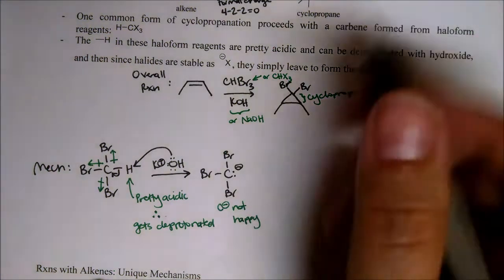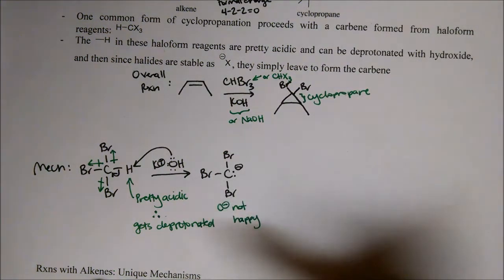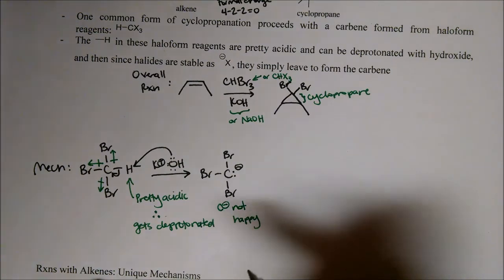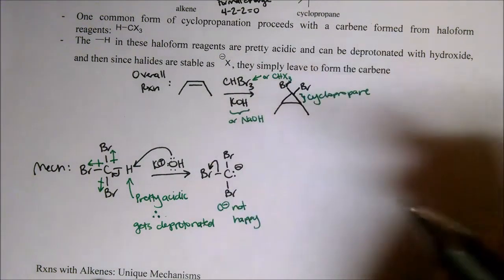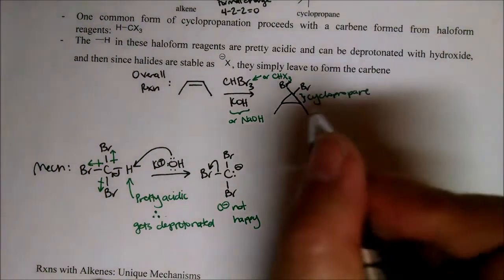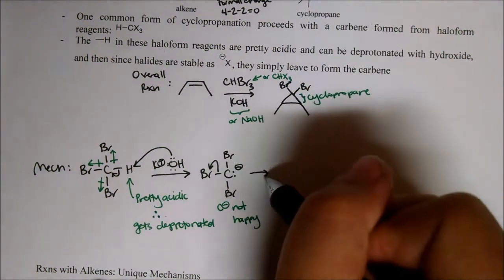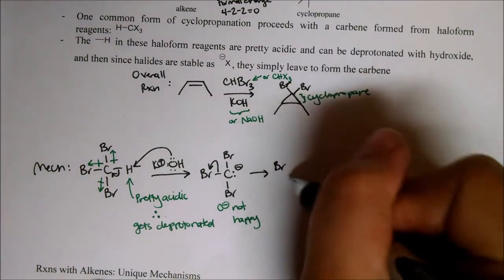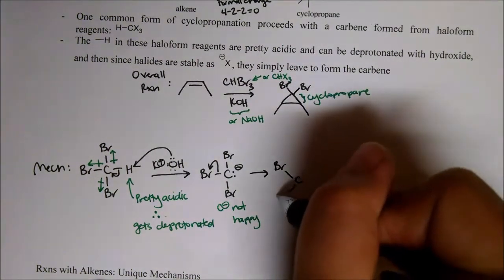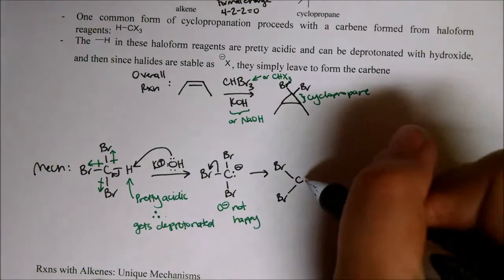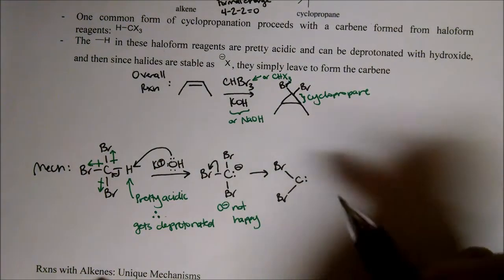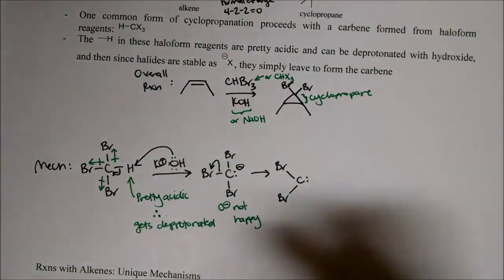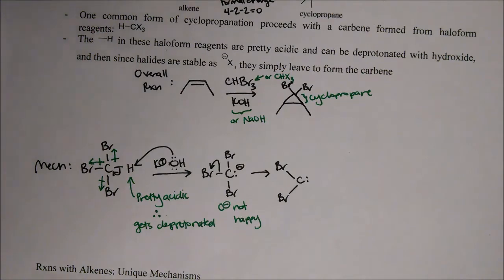So what can happen then is that we know that halides don't mind being on by themselves, being X- or Br-, so they just leave with their electrons. That forms our carbene. He started with a lone pair, he still has a lone pair, and then he lost 2 electrons from the bromine. So now he no longer has our minus charge, and he's only got 6 electrons about him. So again, he's got that empty p orbital.